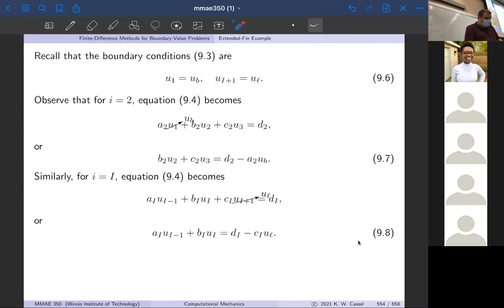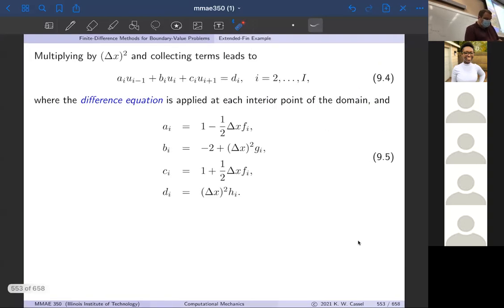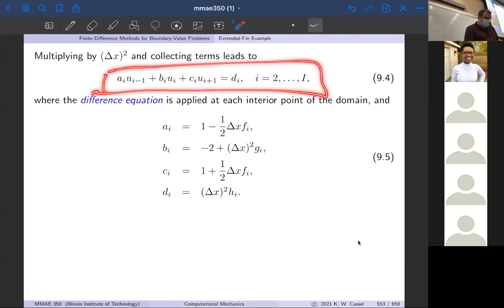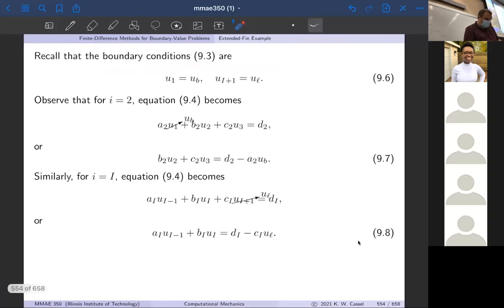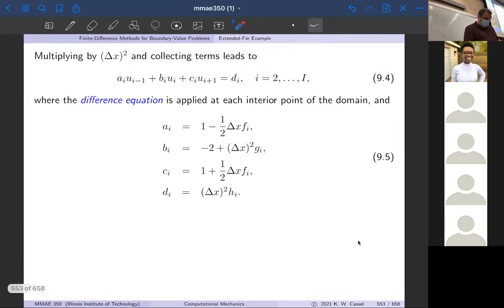So if I were to apply my finite difference equation, 9.4, at i equal to 2, what I get is the following. I get a_2 u_1 plus b_2 u_2 plus c_2 u_3 is equal to d_2. Again, that's just this with i equal to 2.